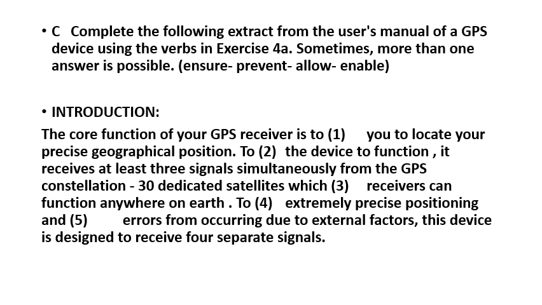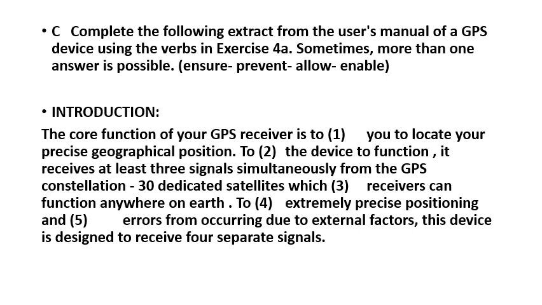To allow or to enable the device to function, it receives at least 3 signals simultaneously from the GPS constellation. 30 dedicated satellites which, do what? Which ensure receivers can function anywhere on Earth.